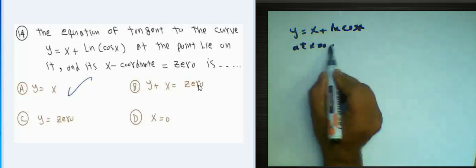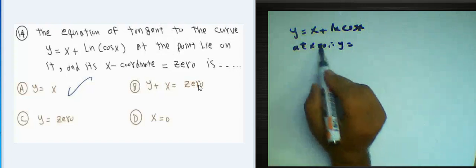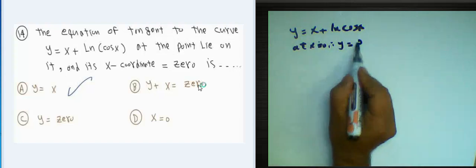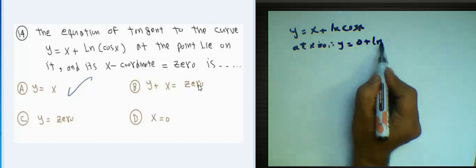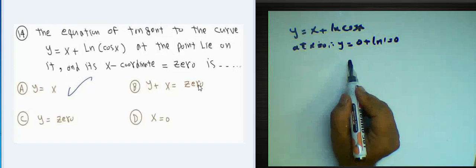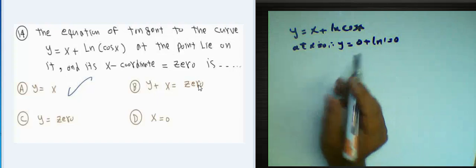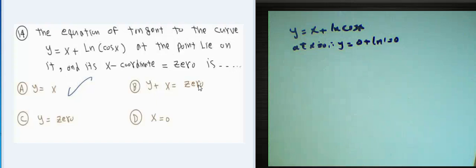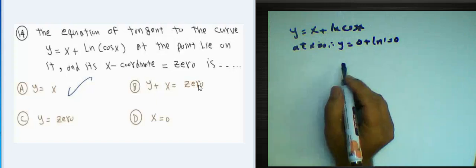At x equals 0, y will be 0 plus ln cosine 0, which is ln 1, equals 0, then y equals 0. Then the required equation of the tangent is at the point (0, 0).